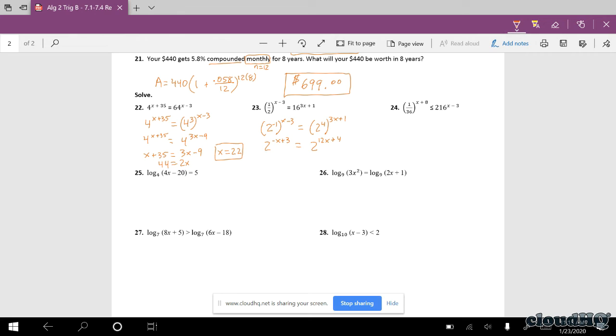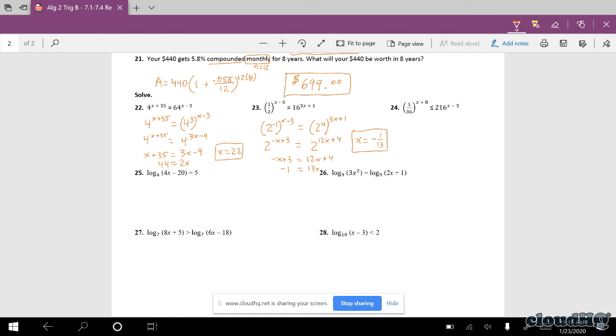At this point, our exponents equal each other. I'm going to add x to both sides, and I'm going to subtract 4. So 13x is equal to negative 1. To solve for x, we divide by 13, I get negative 1/13. Once again, no domain restrictions on exponentials, so that should be the answer.